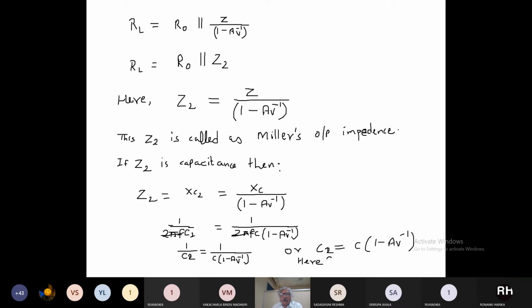So here C2 is Miller's output capacitance.